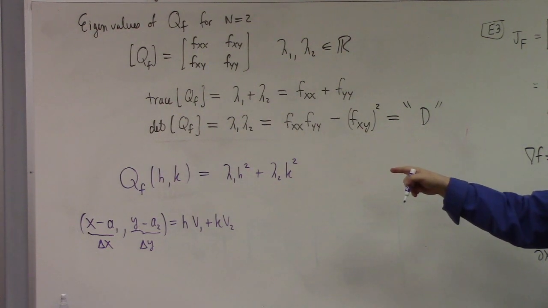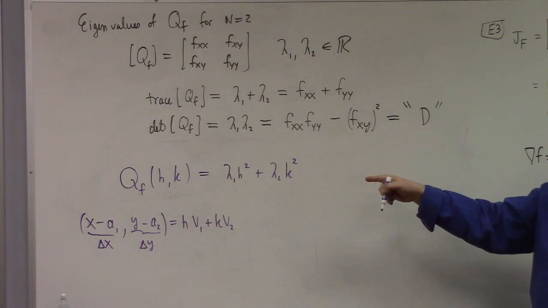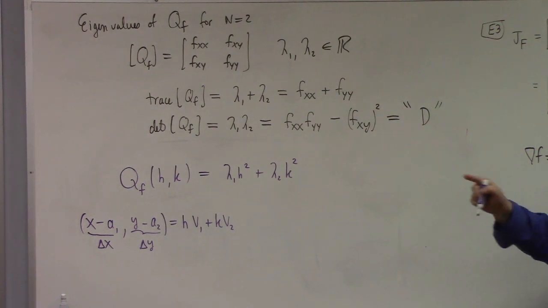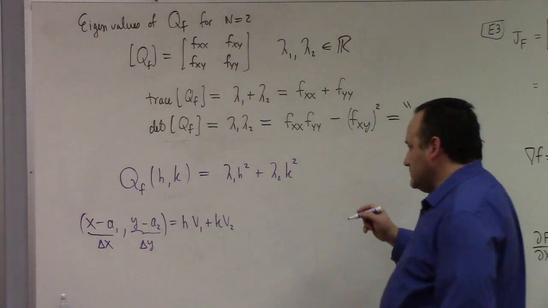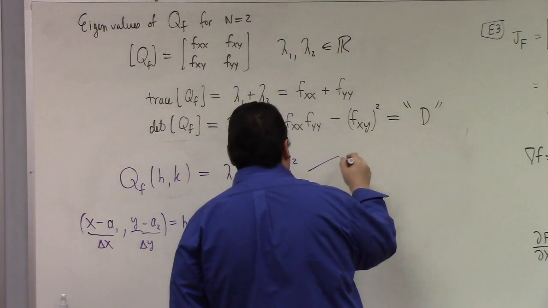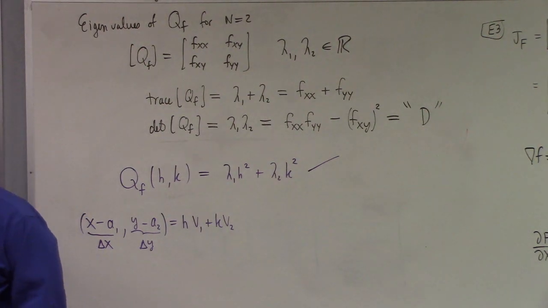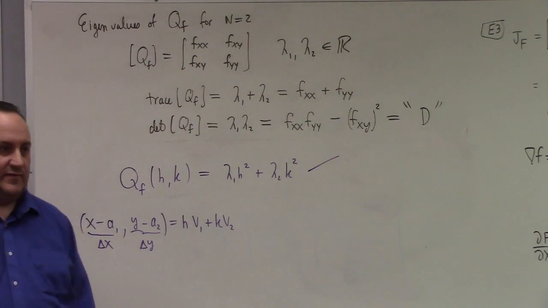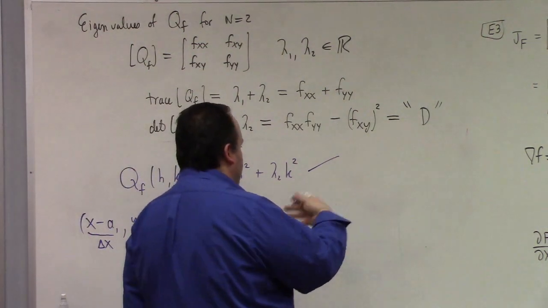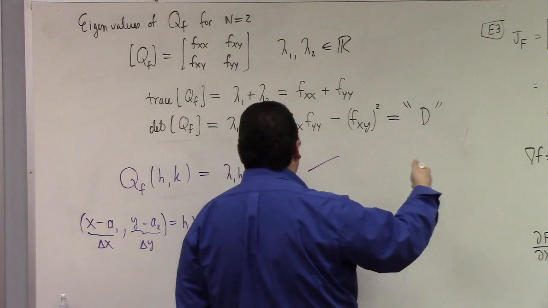So you tell me, min or max? When would this be a minimum? When would this be a maximum? What's the story? Going back to the basis for this, the value of the function near the point is the value of the function at the point plus the quadratic form. So that quadratic form is going to be adding to the value of the function.